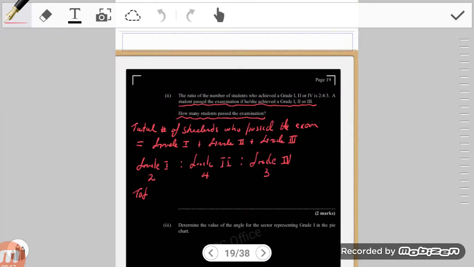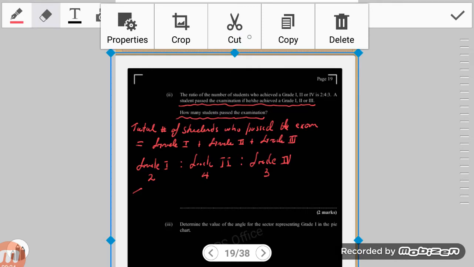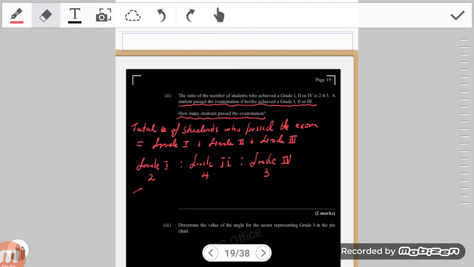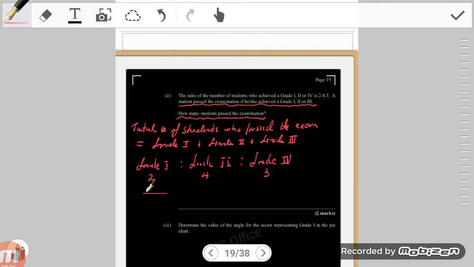So what that tells me is that the total amount of students that is represented by the ratio 2 to 4 to 3 is going to be equal to 120 minus 39. That's going to give me a total of 81 students.